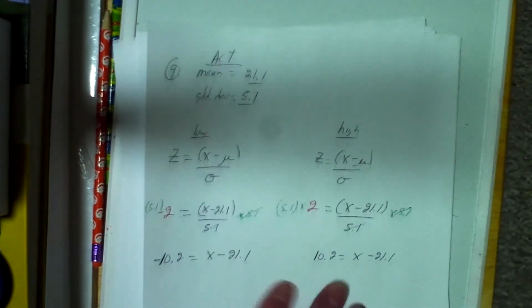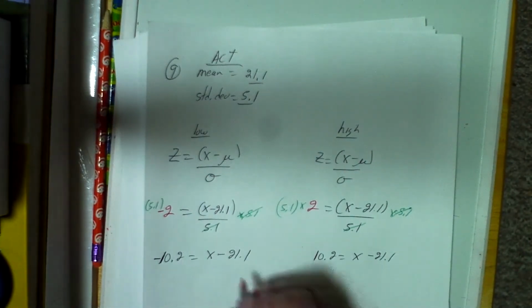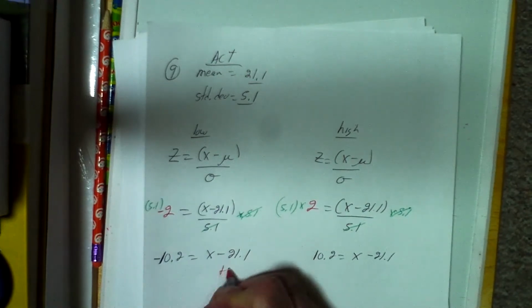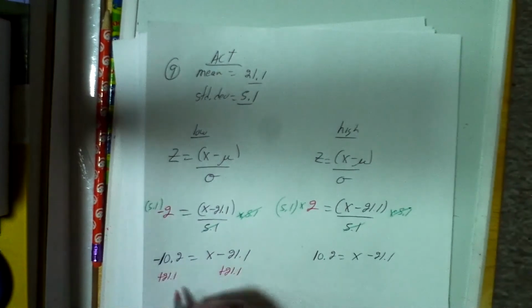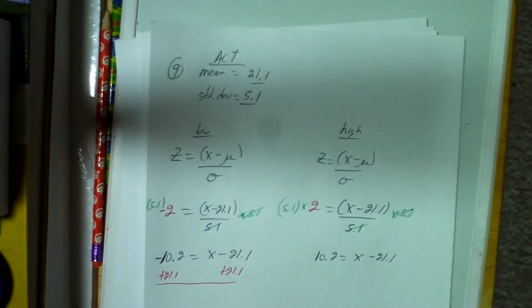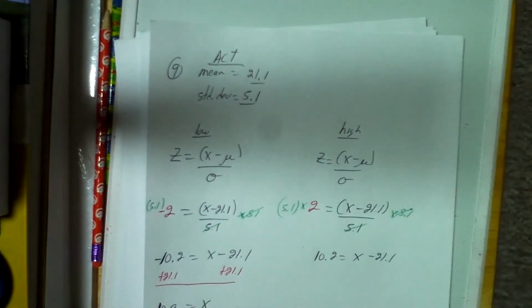Do you remember how to solve for x? Whatever you do to one side, you have to do to the other, right? So I'm going to add 21.1 to both sides, because that's what algebra tells me to do. And I find that -10.2 plus 21.1 gives me 10.9 for that one.